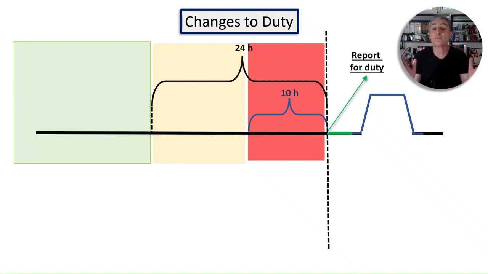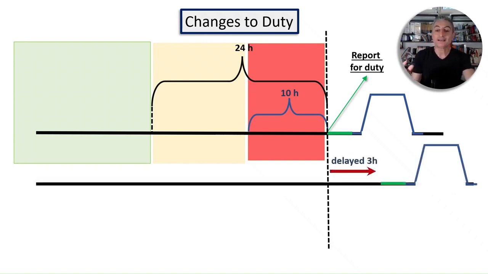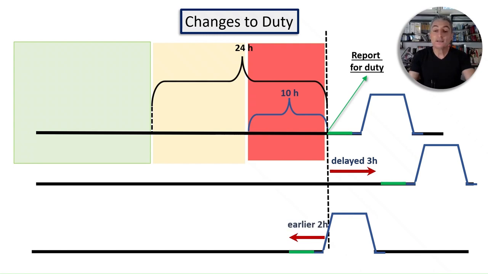So the time of report for duty cannot change unless it's for unforeseen operational situations that we're also going to see in a moment. So which changes are allowed in this yellow area, between 24 hours and 10 hours, in the time of the report for duty that we might see in our roster. The report for duty can be delayed, but 3 hours only, or can be put earlier, 2 hours. Okay, so the dispatch might request us to report for duty 2 hours earlier.